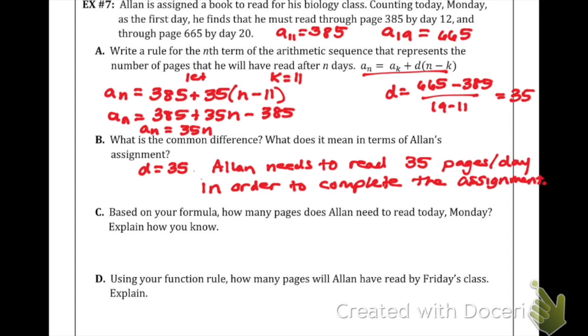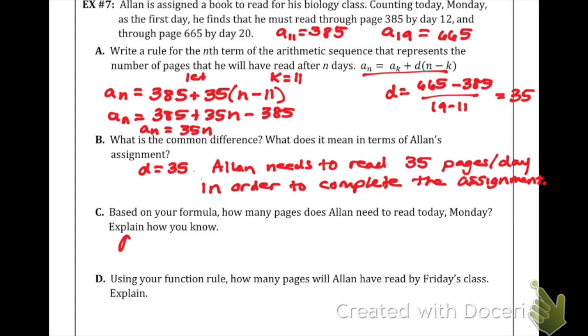Based on your formula, how many pages does Alan need to read today on Monday? Explain how you know this. Well, since he needs to be at page 385 on day 11, he should read 35 pages today, right? So, because 35 times 11 would get us to 385.